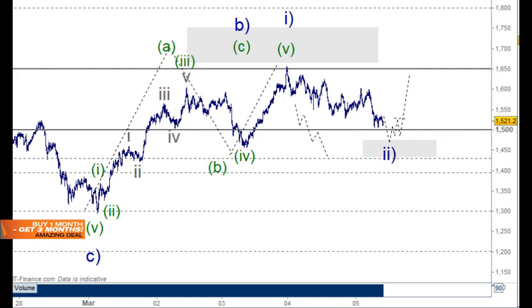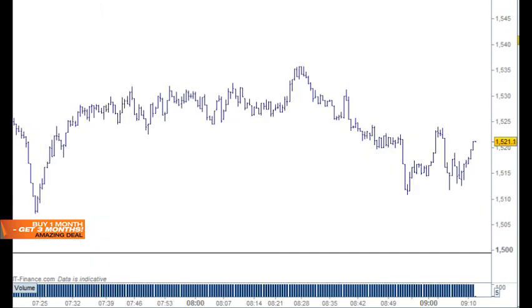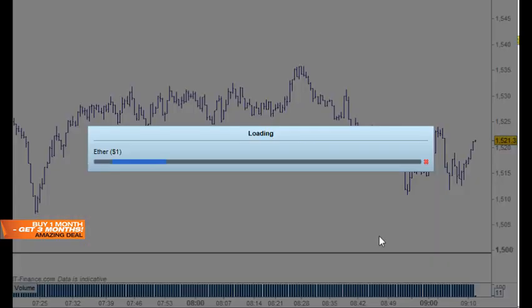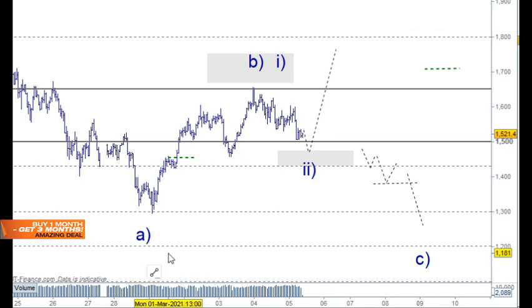Okay, so yeah, just coming back here and sort of recapping it with ETH for a moment. It's possible to count it up as wave 1, but that's sort of stretching it a little bit based on the first little wave structure here, but possible.